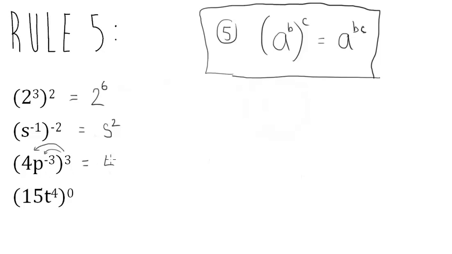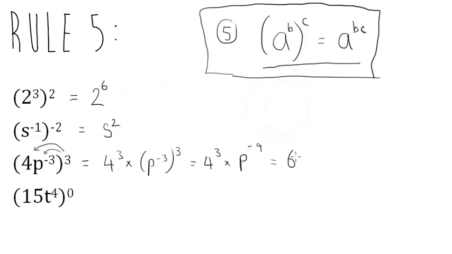So we've got 4 to the power of 3 multiplied by p to the power of -3, all to the power of 3. Now we've got it in the same form as the rule, so it's just 4 to the power of 3 multiplied by p to the power of, and we multiply the indices together, so p to the power of -9. So that's 64p to the -9.